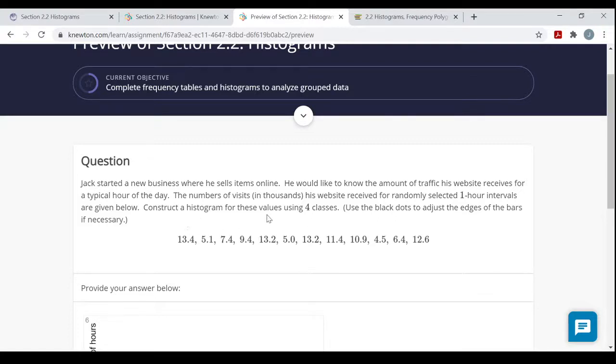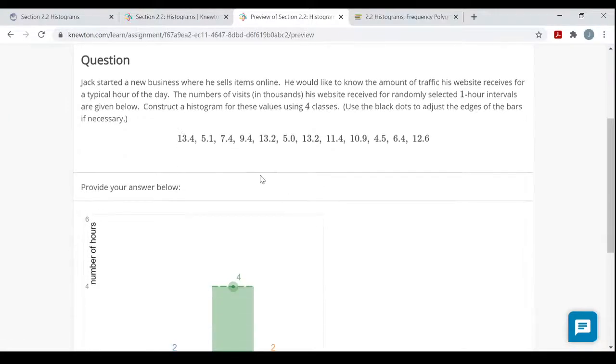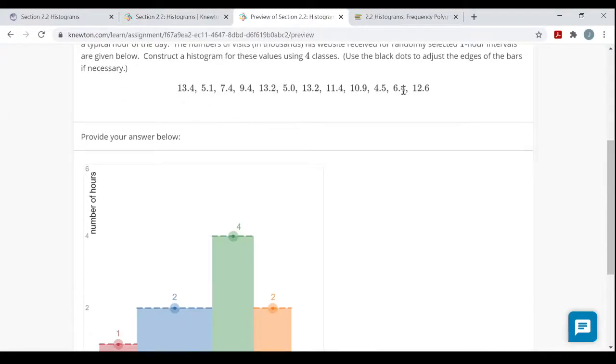Construct a histogram for these values, again using 4 classes. All right, so just as before, I'm going to enter these values into my calculator and rearrange them in order.